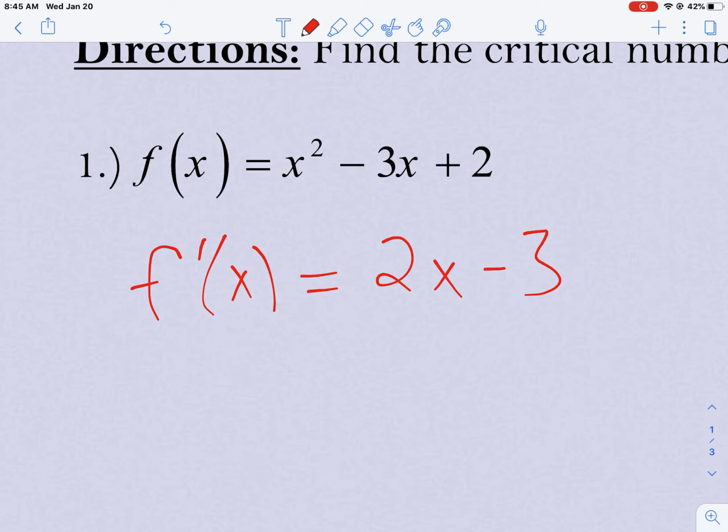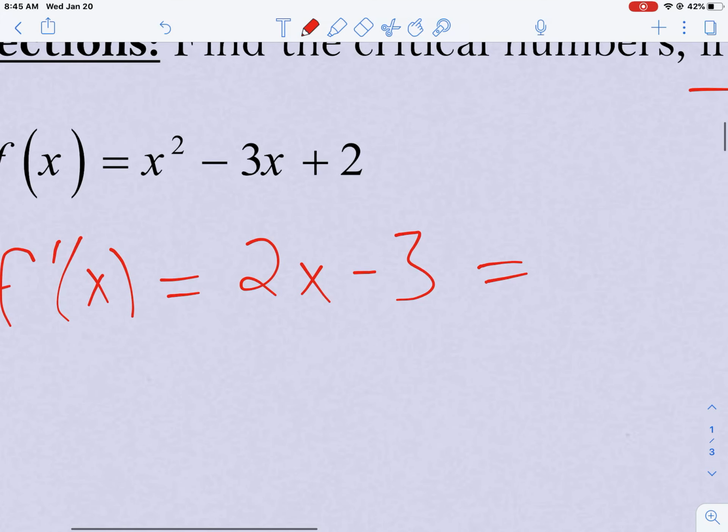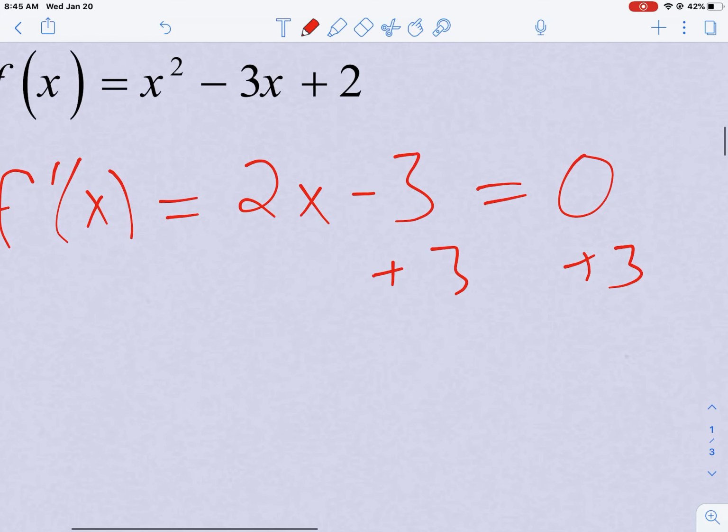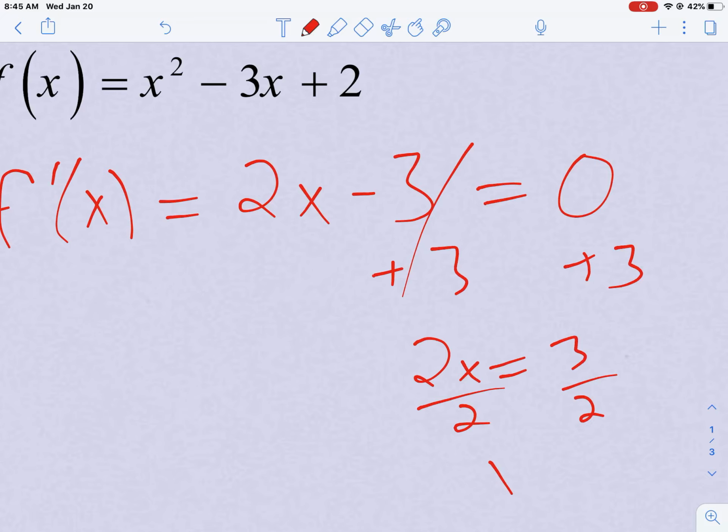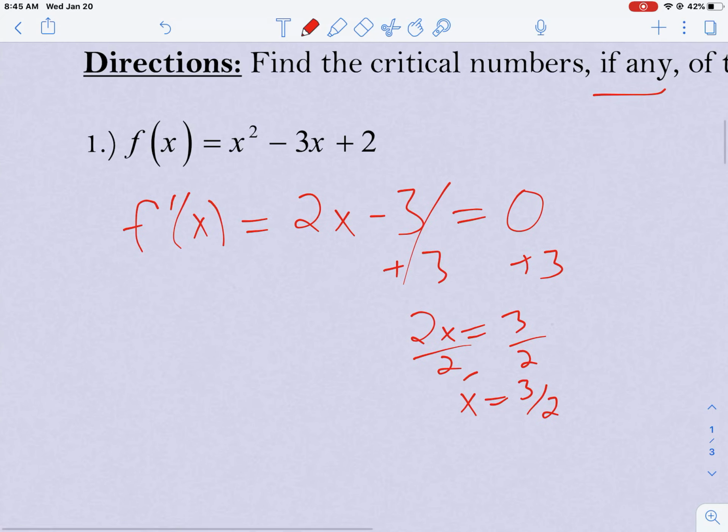There's no place where 2x minus 3 can be undefined, so we're just going to make it equal to 0. We add 3 to both sides: 2x equals 3. Divide by 2, and x equals 3 halves. So that's a critical number.